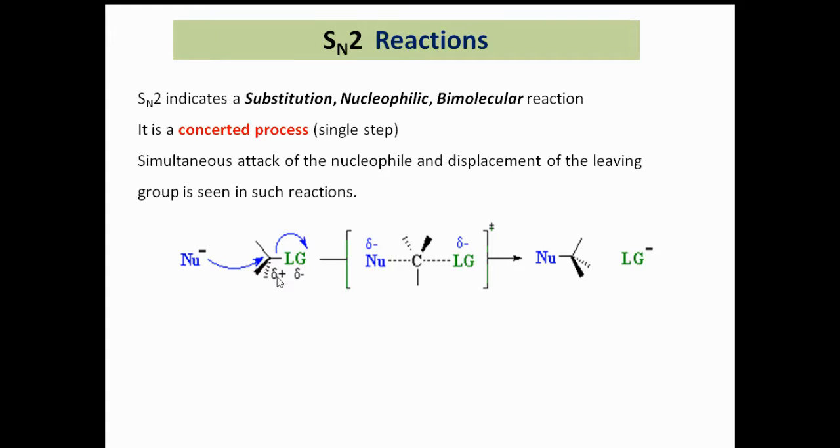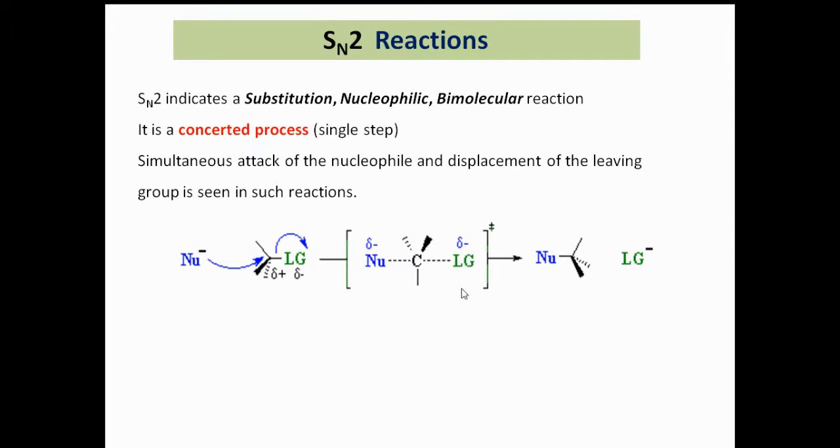So in this reaction we come across the simultaneous attack of the nucleophile onto the carbon, thereby displacing the leaving group. So here you can see the product formed where the nucleophile has attacked from the backside and there is a new sigma bond formed between the carbon and the nucleophile with the loss of the leaving group.